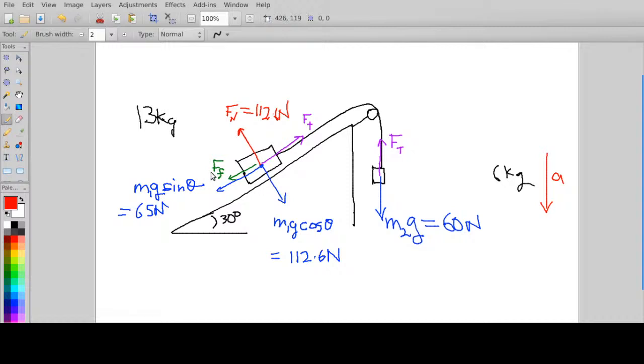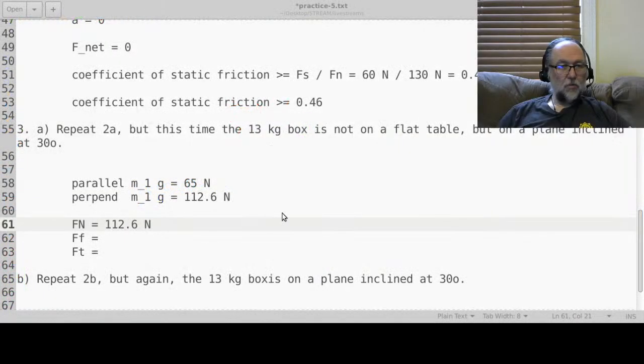Now what? There's FF there, and you say, can I calculate that? Yes, this is kinetic friction, not static friction. For kinetic friction, as soon as you have the normal force and mu k, you multiply the normal force times mu k and you get FF. So it's best if I switch to the other whiteboard.